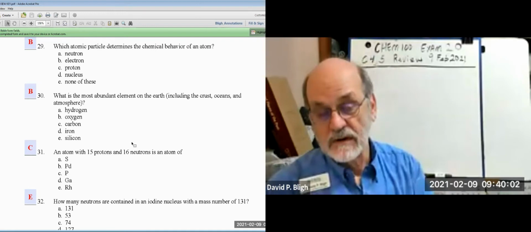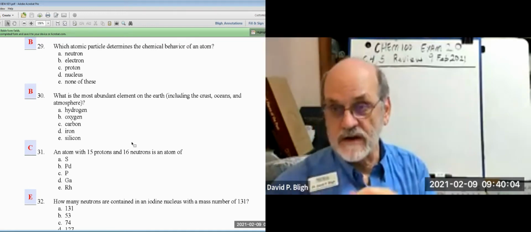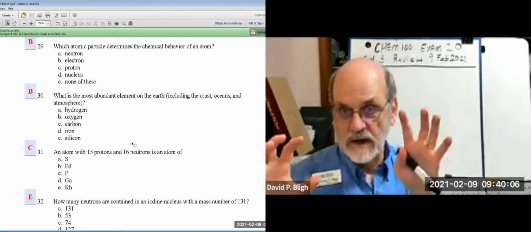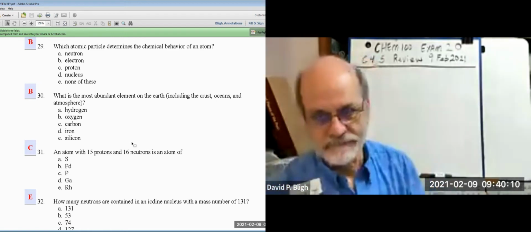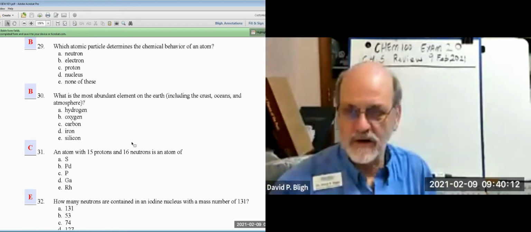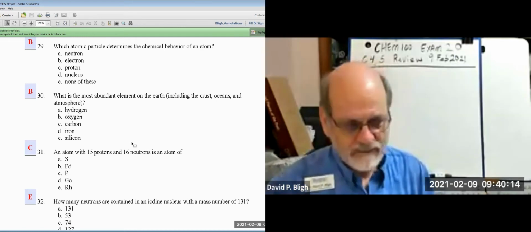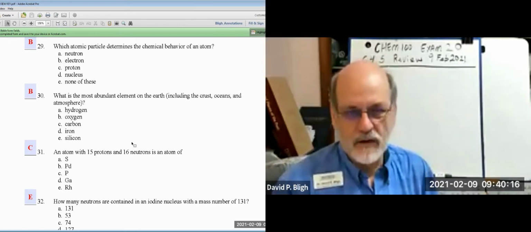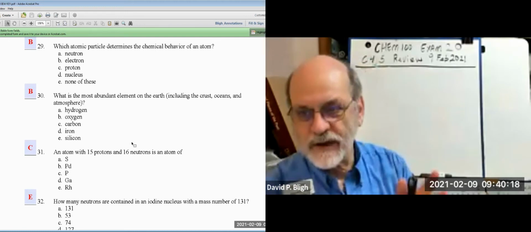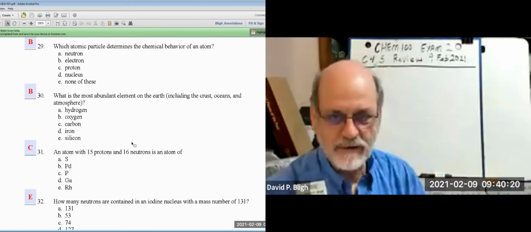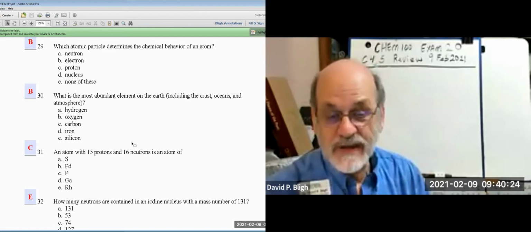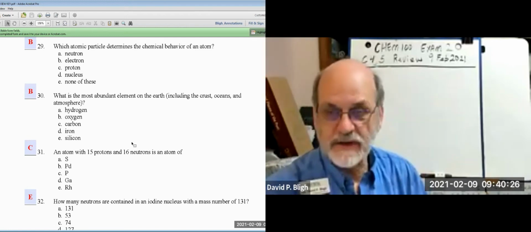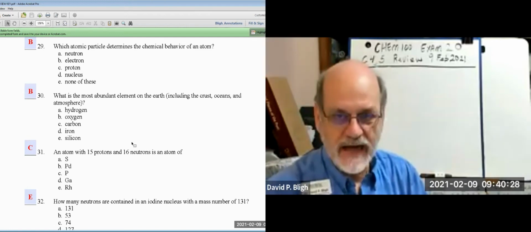Actually, it's not just the electrons, but the space that they occupy, the orbitals that interact. And it's almost like the electrons are there along for the ride, but not really. So I'm complicating things. Let me stop that discussion right now. So that was 29 is B, electron. That's what determines the chemical behavior of an atom.